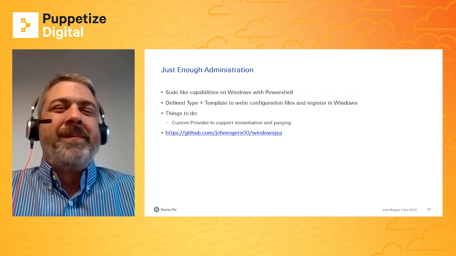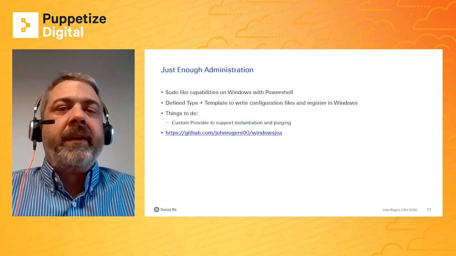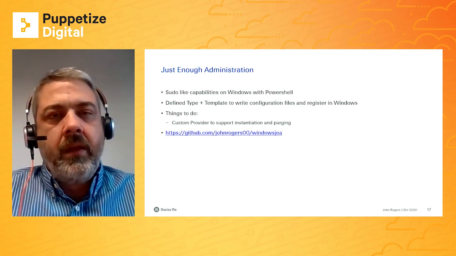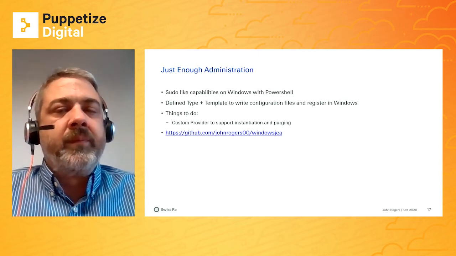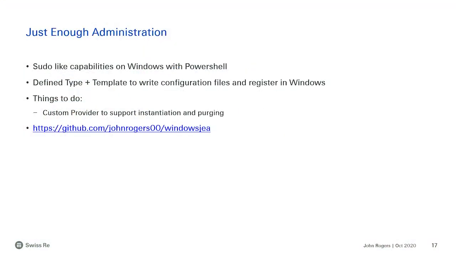So it's like, I hate to make the comparison, but it's like a sudo for Windows using PowerShell. And so we have a template created for this. We have a custom definition for this. So you can basically just download it, fill out some Hiera data, and then you can start using this just enough administration with remote PowerShell. So that's been pretty fun to work on.